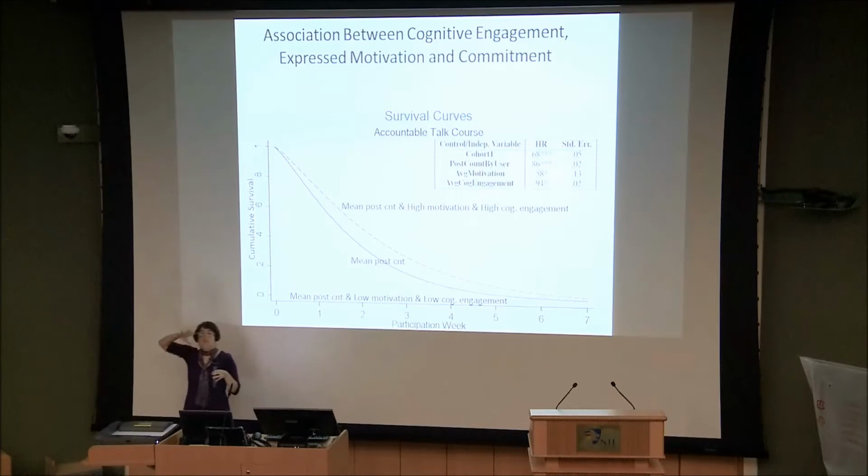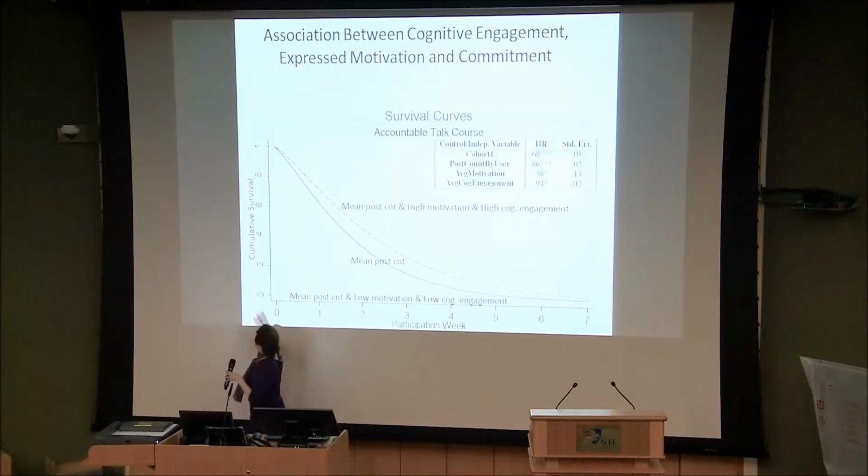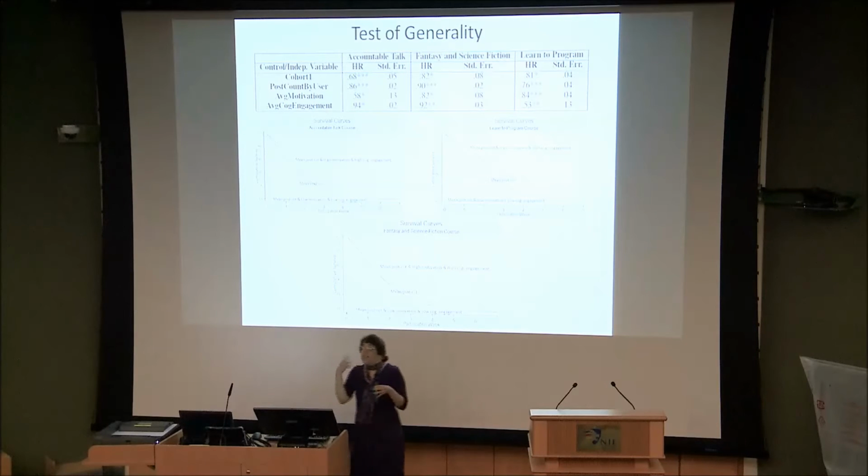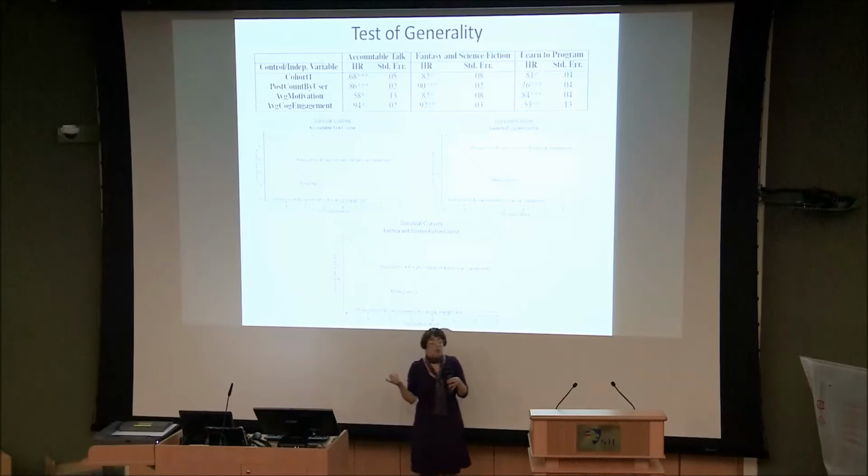So when students are high on the indicators of this kind of intensive engagement with each other and with the material, we see stronger commitment to the course. And where they're low, we see a much steeper dropout curve. And we've looked at this over multiple courses, and it shows us, at least in a correlational sense, that these indicators tell us something about commitment.